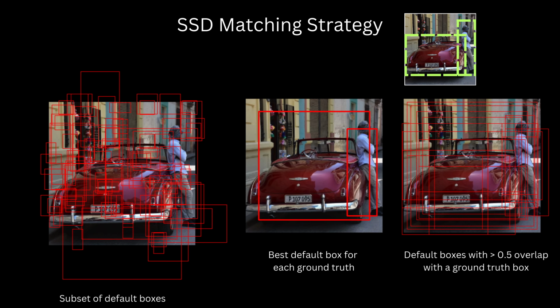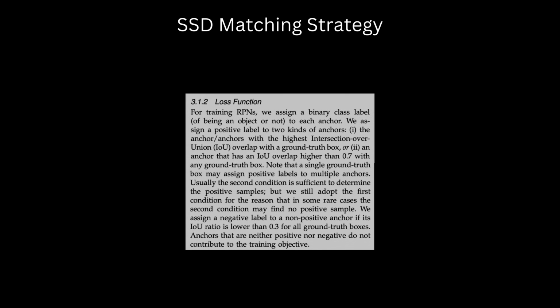So for these foreground default boxes, the network will be trained to predict the matched ground truth box's label as the class for them, as well as transformation parameters that transform these default boxes to the corresponding matched ground truth box. As a side note, this step of matching is very similar to Faster RCNN, except for the foreground threshold.